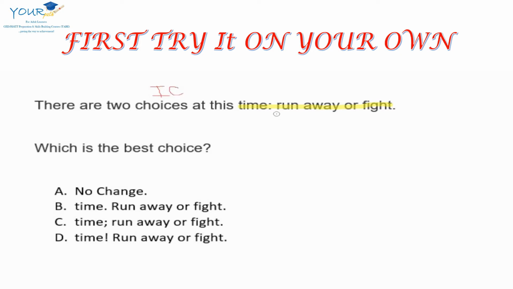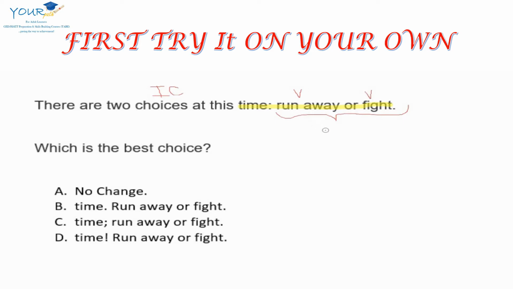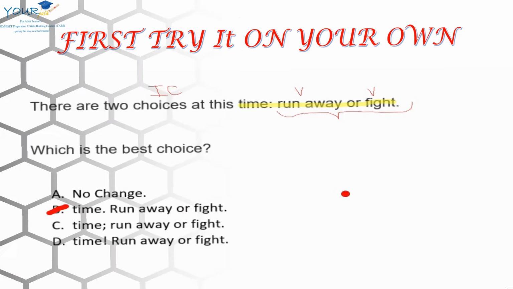But then we have this portion of the statement here, run away or fight. So we have a verb here, and we have a verb here, but we do not have a subject. And so this particular phrase, which is a fragment, cannot stand by itself. So in this case, a period would be incorrect, and so we're going to eliminate option B because it is not the best choice.